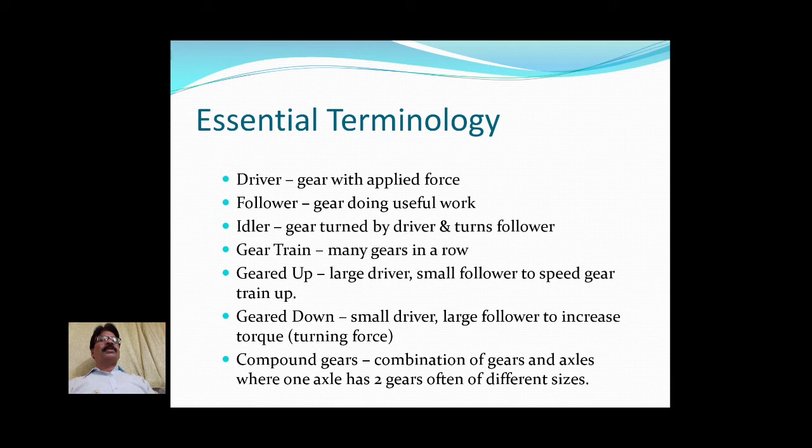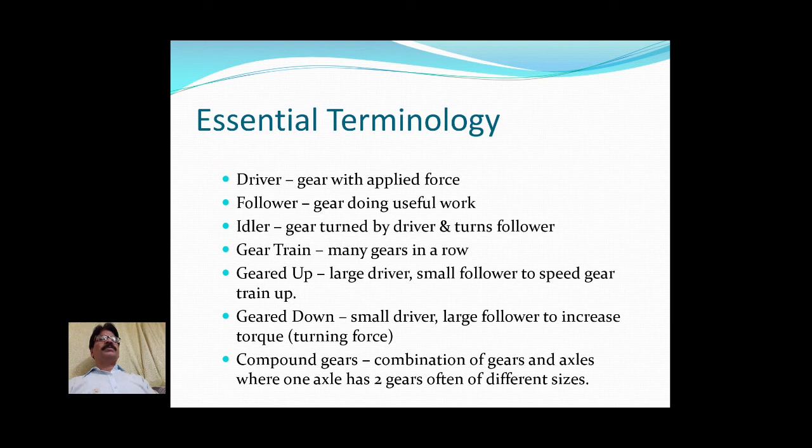Driver may be smaller or larger than follower depending upon the applications. To have the speed up or to have the speed down, the size, radius of driver or follower can be changed. The next one is idler. It is the gear turned by a driver and turns followers.